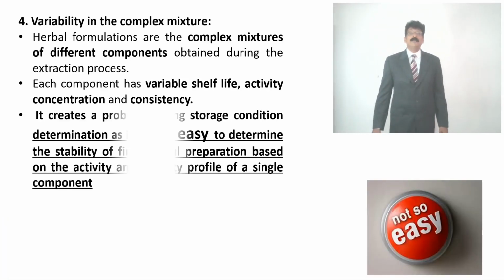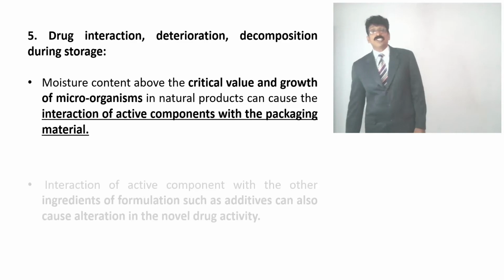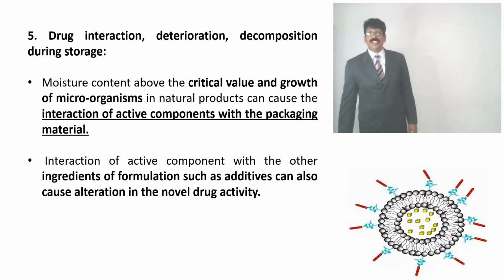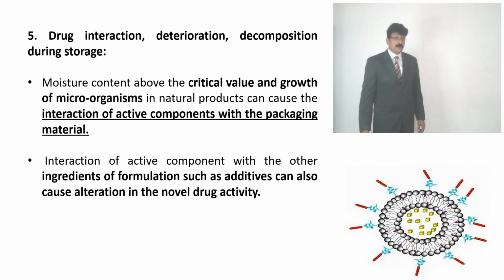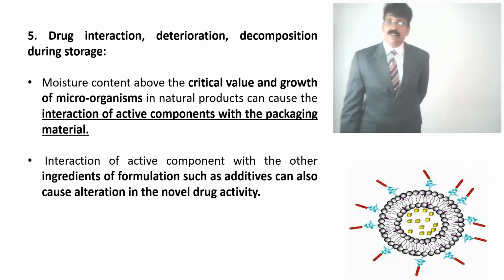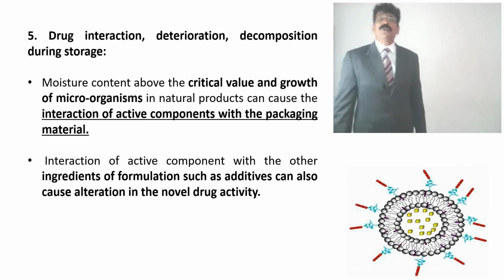I did not explain variability of complex mixtures, drug interaction, deterioration and decomposition much, because we discussed them in herbal drug technology, and I showed you that last year itself.